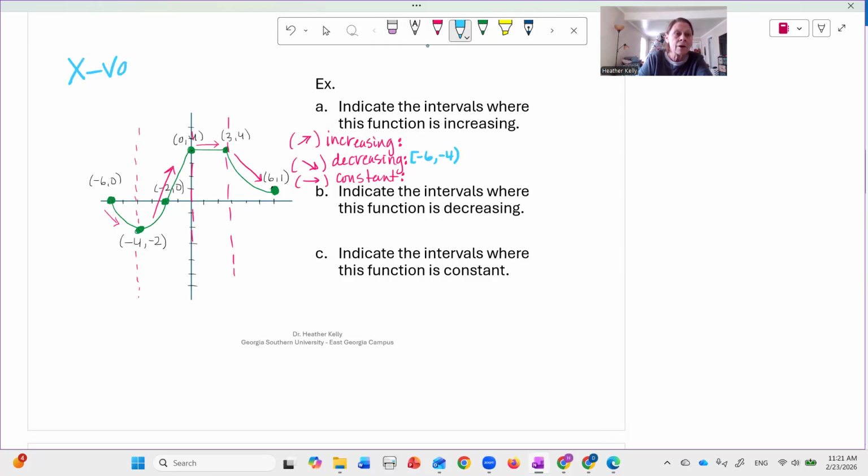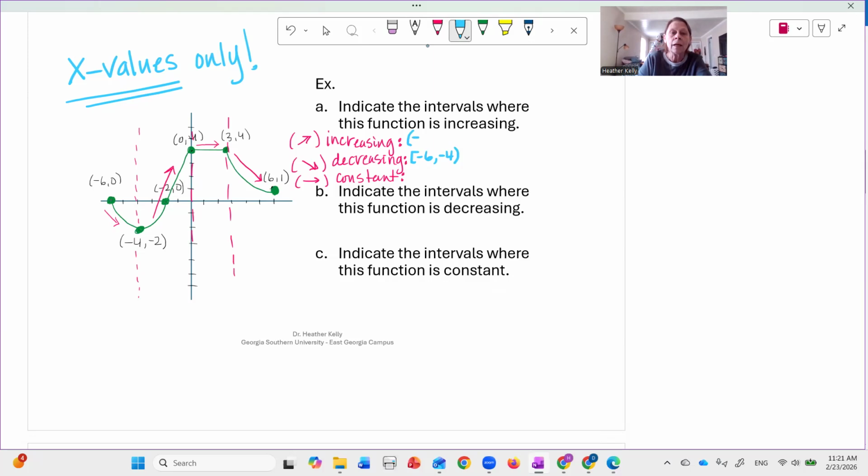X values only. Okay. Now, are we decreasing again anywhere else? Yes, but I'll pick that up in a minute. Now I'm going to pick up at my -4. And what's happening from -4 until X is 0 is we're increasing.